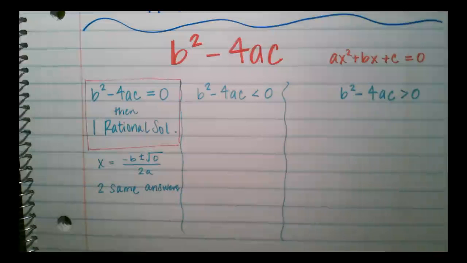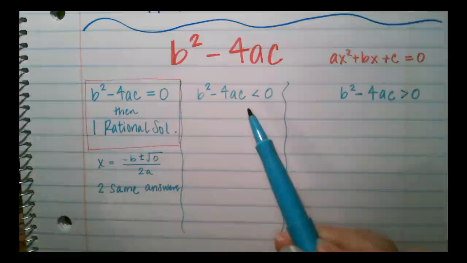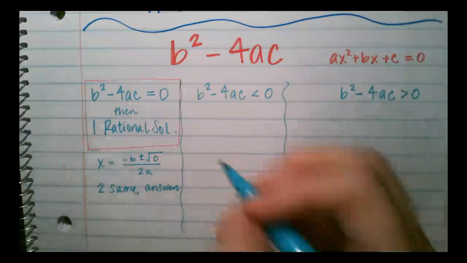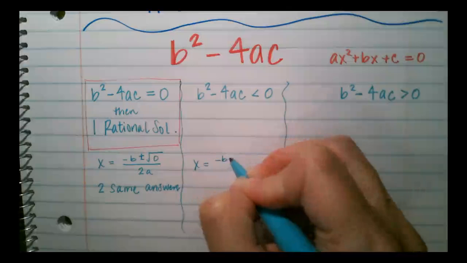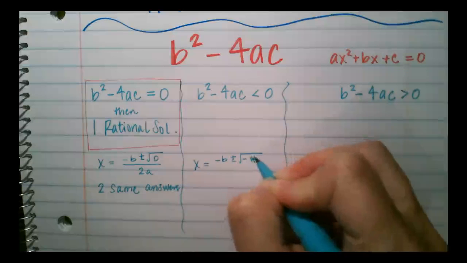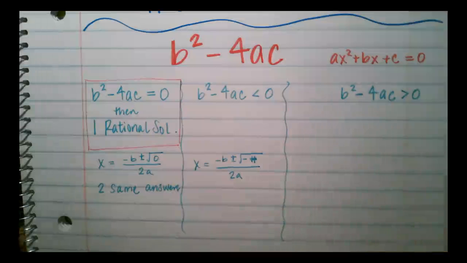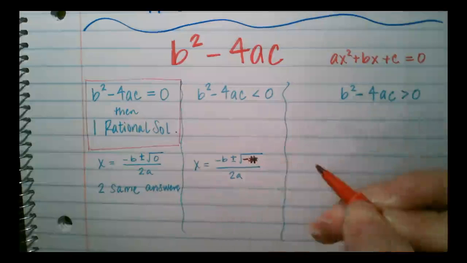All right. Let's say that you fill in b squared minus 4ac and you get a negative answer. What that means is that you would get negative b plus or minus the square root of a negative number, all over 2a. Keep in mind that what we're talking about right here is the discriminant.